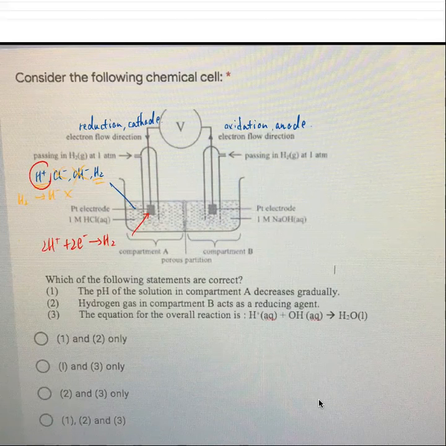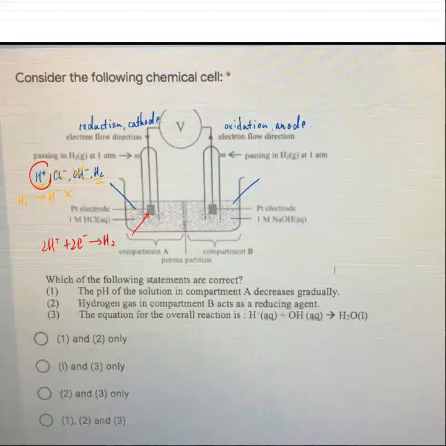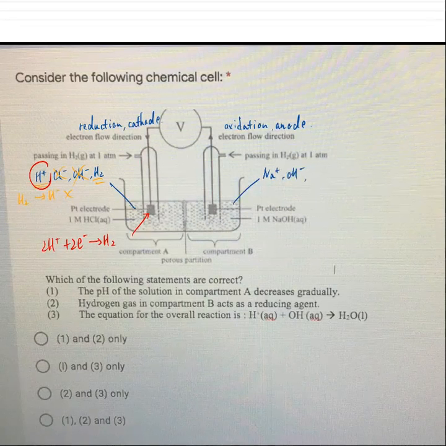Okay, so we use the same method to analyze part B. Again, let's write out all the ions in the electrolyte. So 1 molar sodium hydroxide would provide sodium ion and hydroxide ion, and then hydrogen ion from dissociation of water, and again it keeps bubbling hydrogen gas into it.